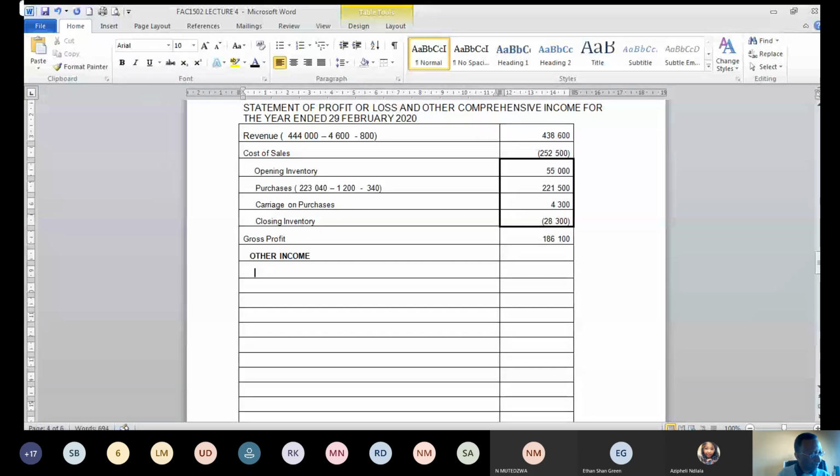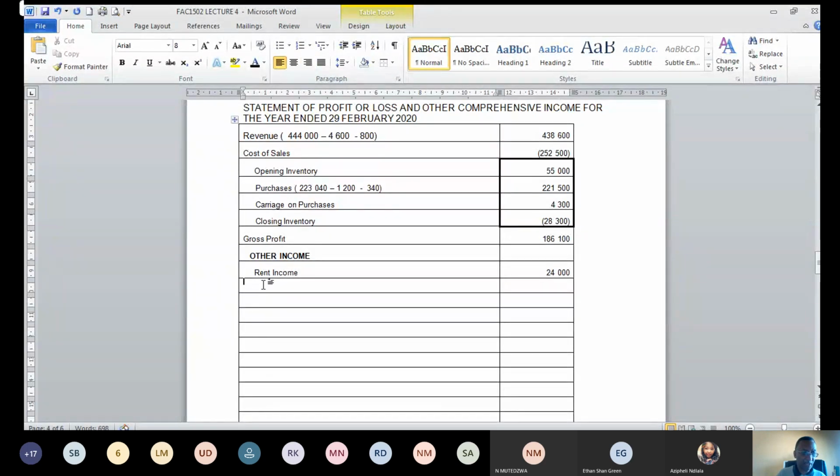We have got an income account called rent income, which amounted to 24,000 Rand. So the amount for rent income will be 24,000 Rand.